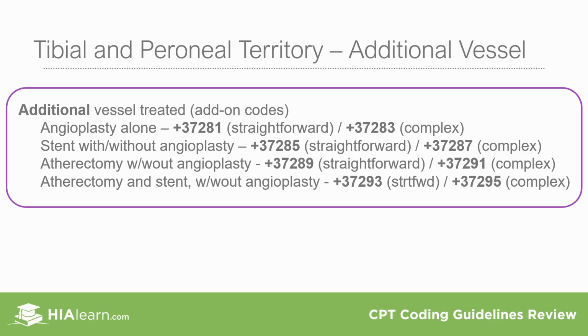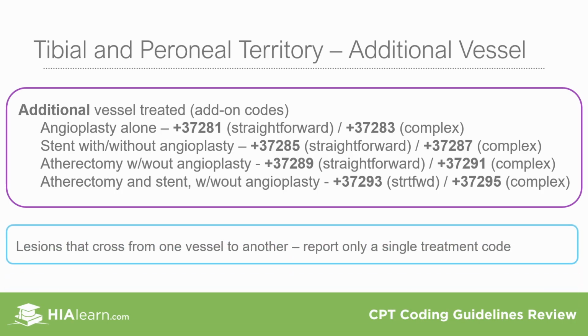Codes 37281, 37285, 37289, or 37293 are assigned for treatment of straightforward lesions, and codes 37283, 37287, 37291, or 37295 are assigned when complex lesions are treated. Treatment of lesions that cross from one vessel in the tibial and peroneal territory to another vessel in the same territory is reported with only a single treatment code for an initial vessel.